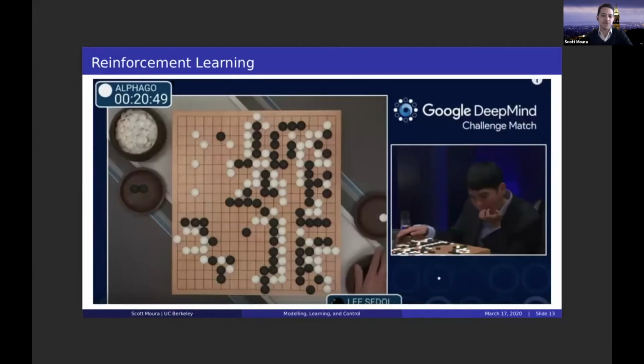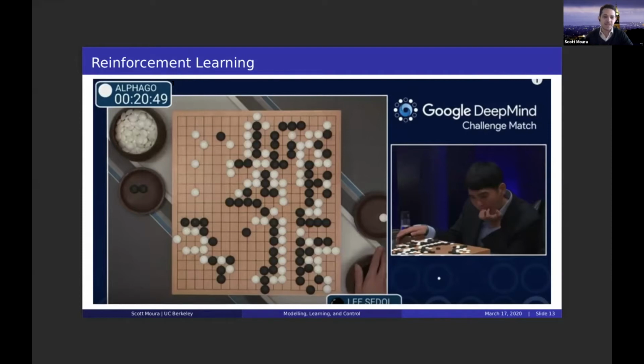All right, so no talk on reinforcement learning is complete without showing some reference to this Nature article in 2018, where folks at Google DeepMind, including David Silver, who has been at University College London, extended Q-learning with various innovations, including deep neural networks and something called a replay buffer, to come up with an algorithm that can beat the world champion Lee Sedol in the game of Go, and they call this AlphaGo.